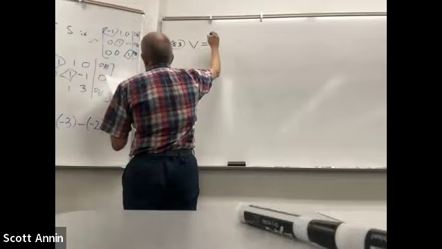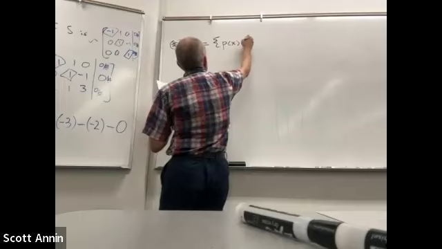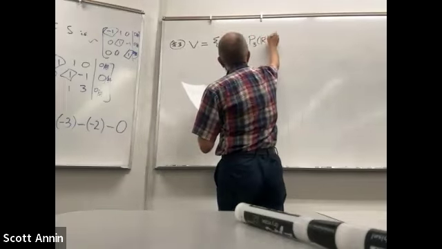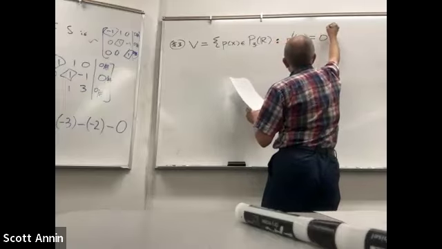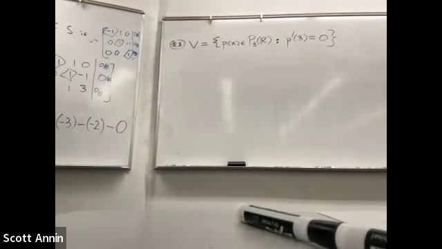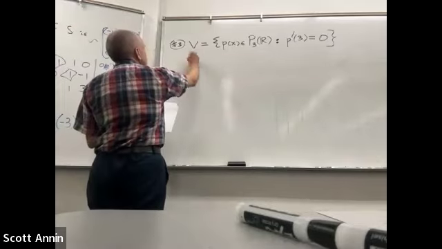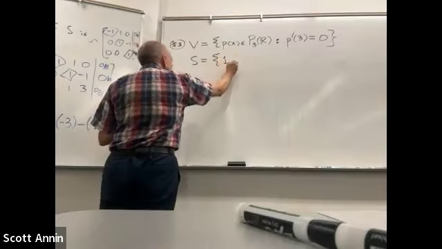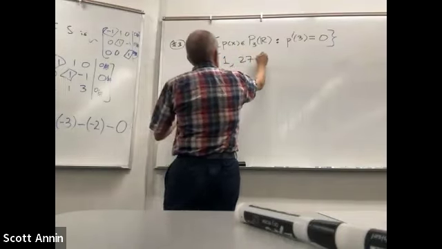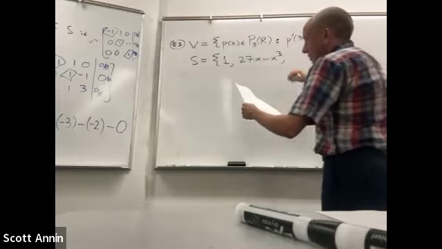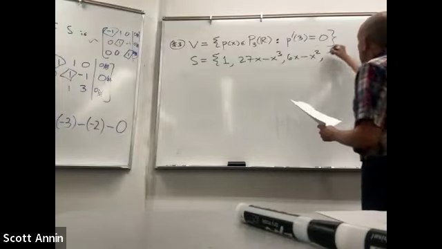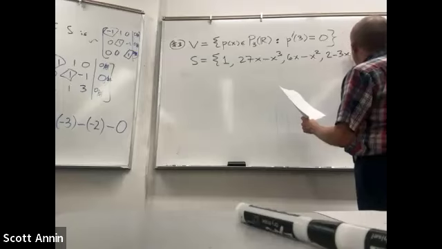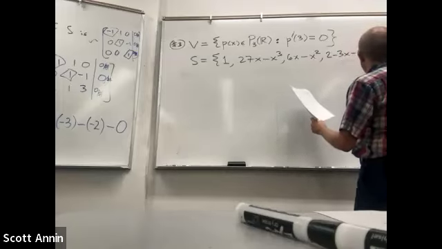My vector space V is going to be the set of p(x) in P3 of R this time, such that p prime of 3 is equal to 0. I'm going to take that vector space, and then I'm going to take S to be the set of 1, and then 27x minus x cubed, and then 6x minus x squared, and then 2 minus 3x minus 4x squared plus x cubed.